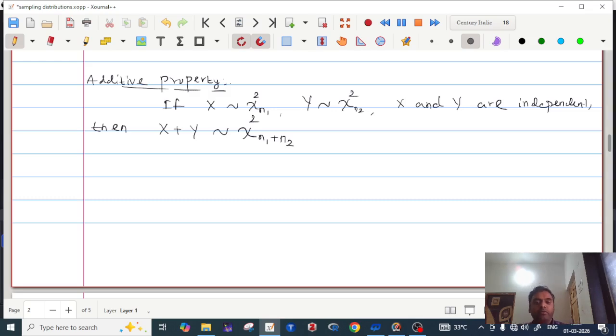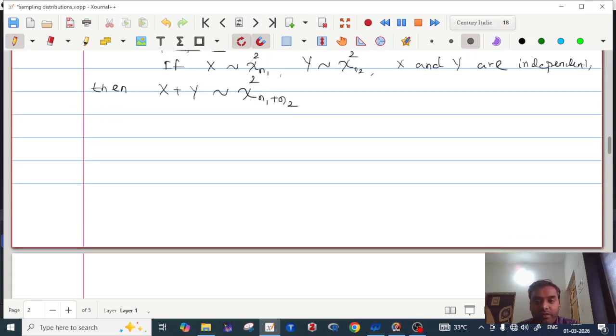Its proof we will do by the MGF approach. Right now we are not proving this, we are just stating it. That's it for the chi-square distribution.